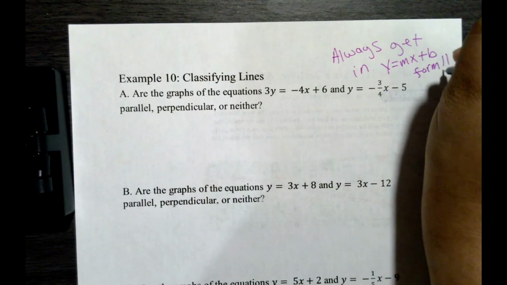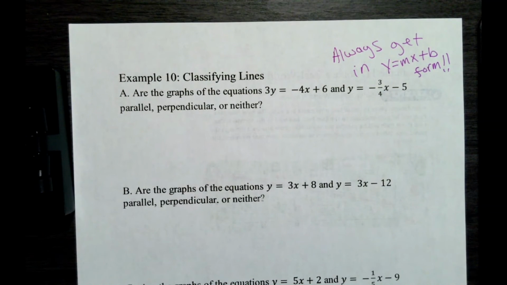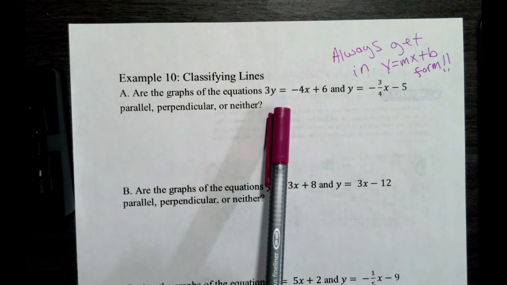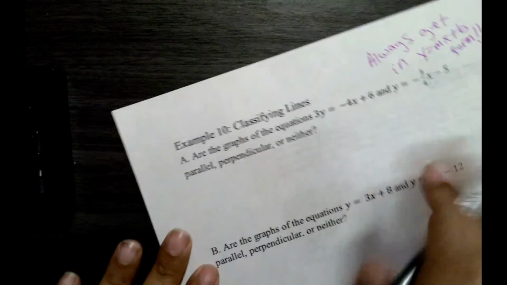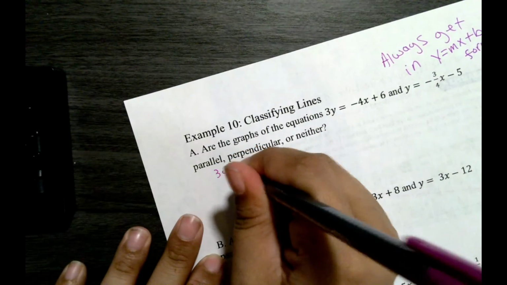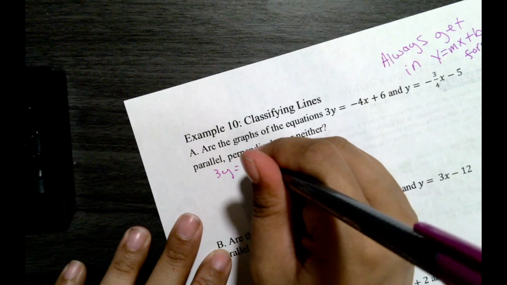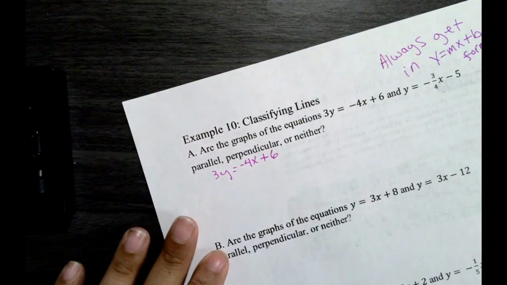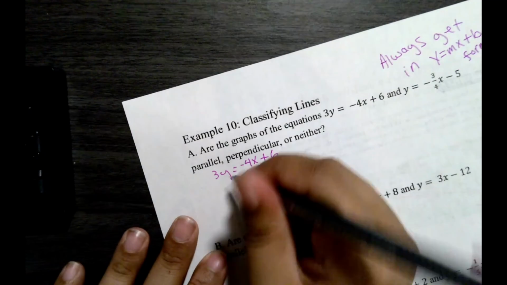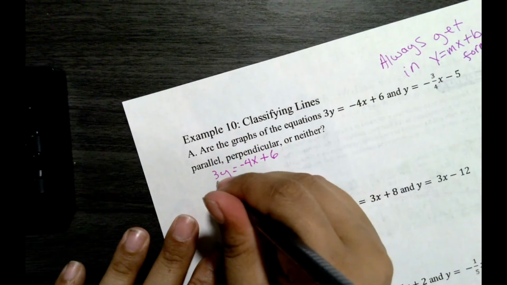So look at this. This one is not in y equals mx plus b form. So let's start by doing that. 3y equals -4x plus 6. If we were just to look at the -4, it wouldn't be the correct slope because this isn't y by itself. So let's get rid of our 3.